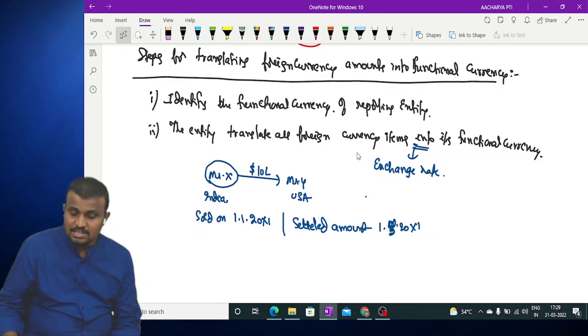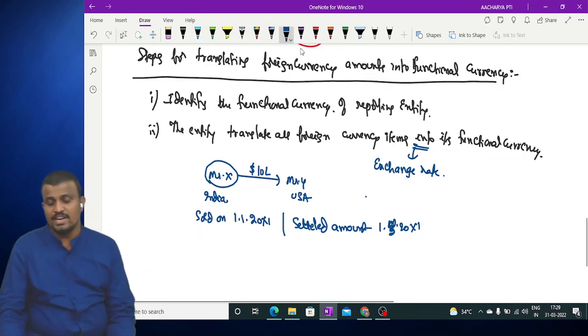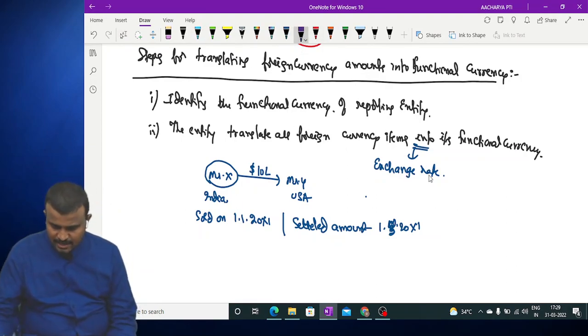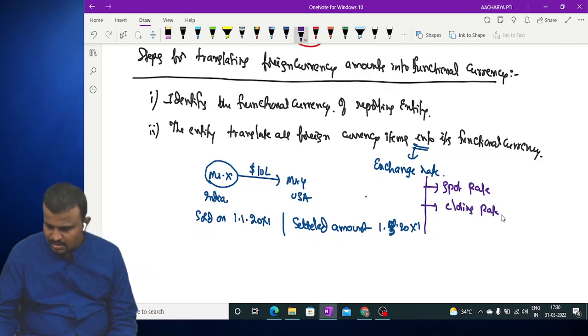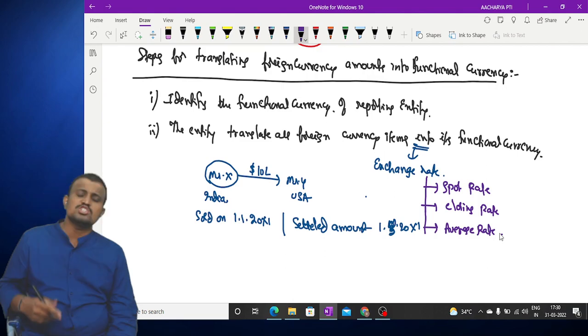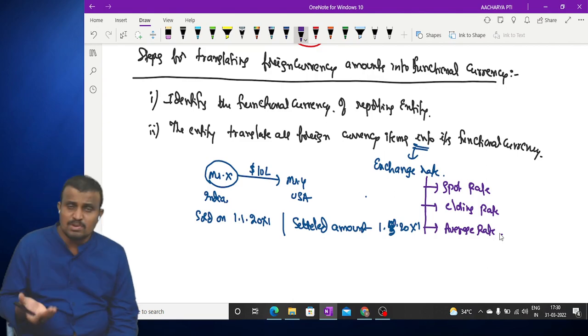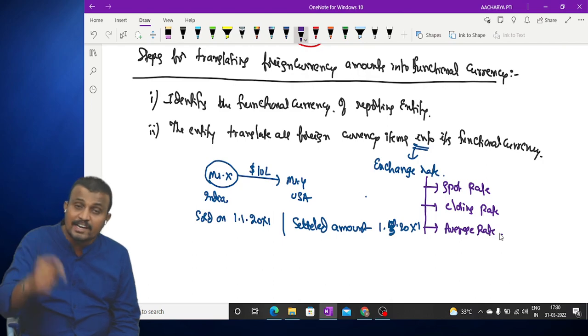Generally there are three types of exchange rates: spot rate, closing rate, and average rate. Spot rate is the historical rate, the rate available on the date of transaction.